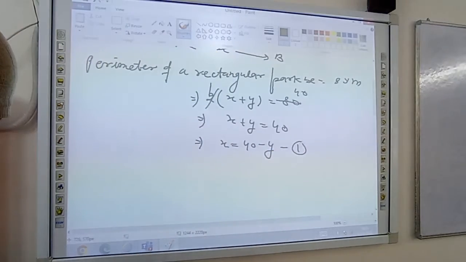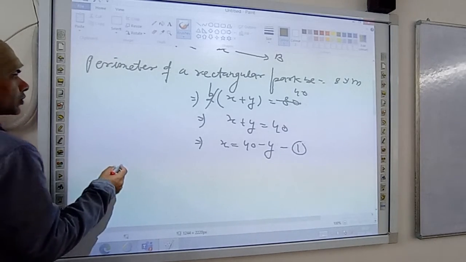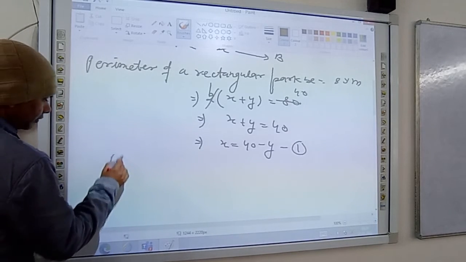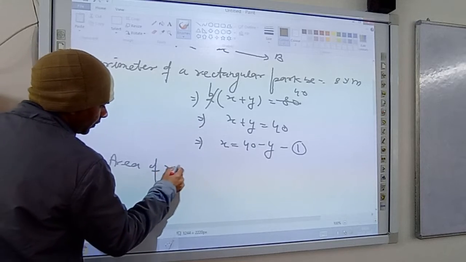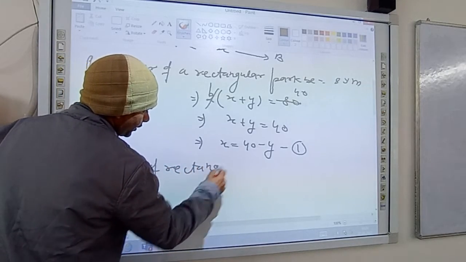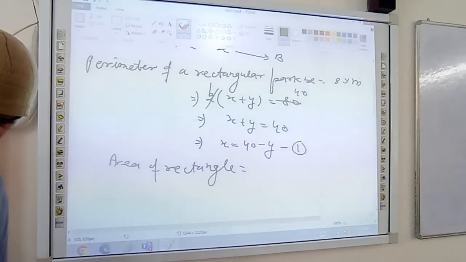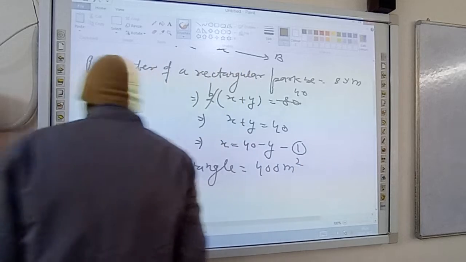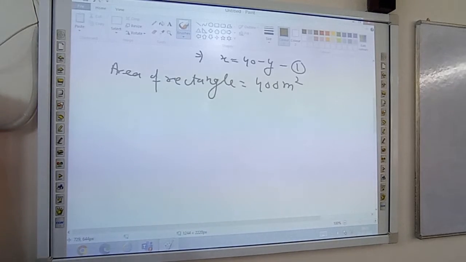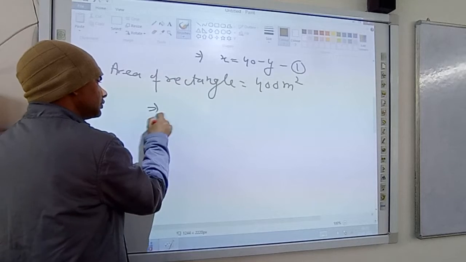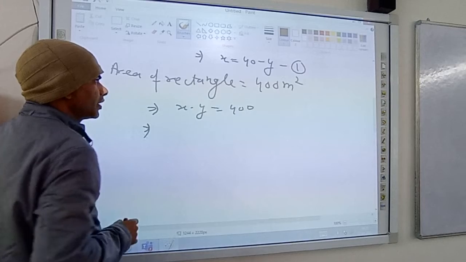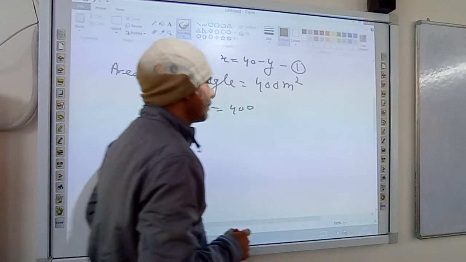And the area of the rectangle is 400 meter square. According to the second condition, area of rectangle is 400 meter square. Area of rectangle is length into breadth, x into y, that is 400. Now we will replace x with 40 minus y. Am I right or wrong?